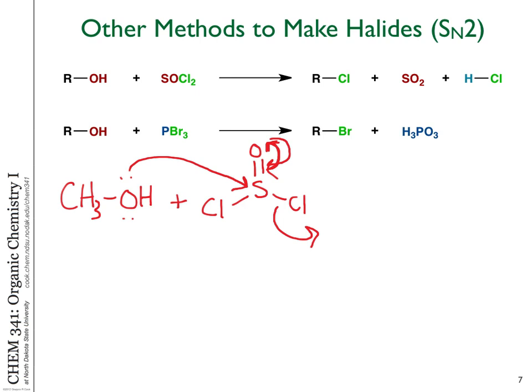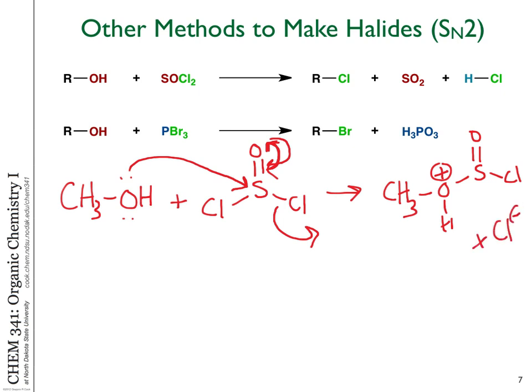The intermediate that's formed is this. Now, this intermediate initially has a formal plus charge on the oxygen, and the byproduct, the thing that came off, was chloride, right?